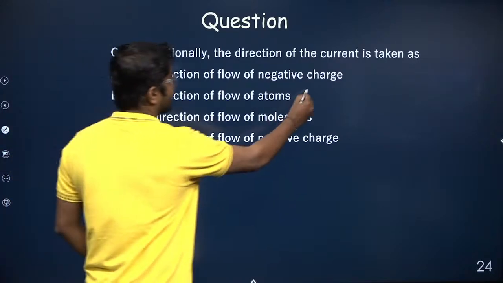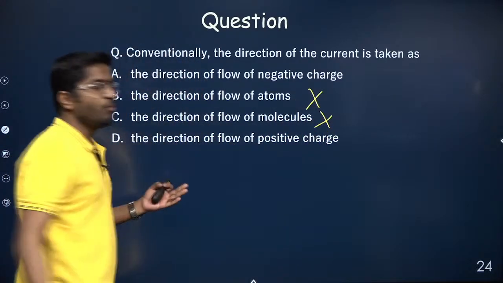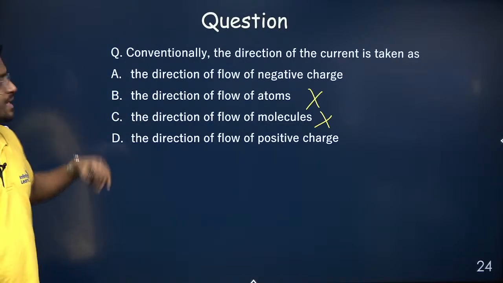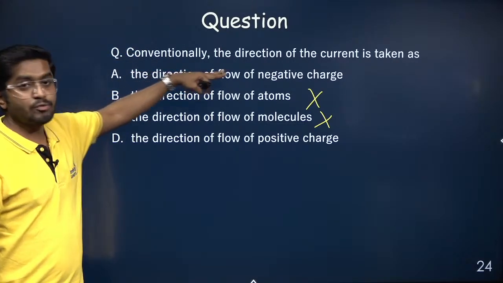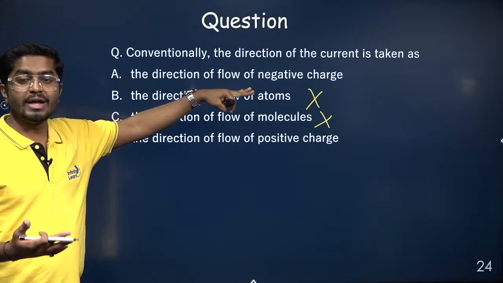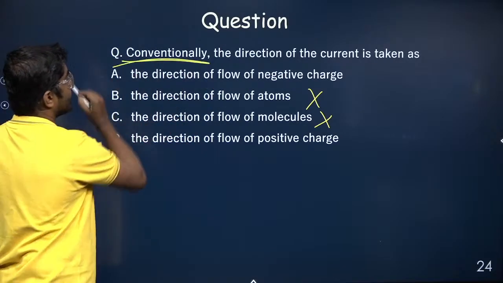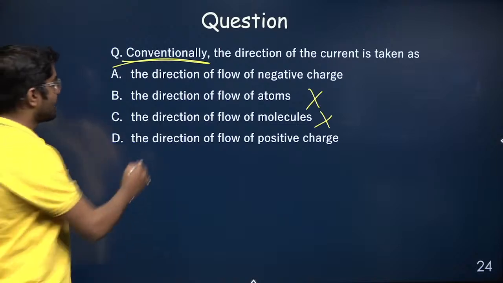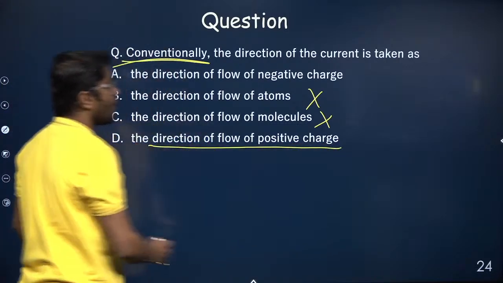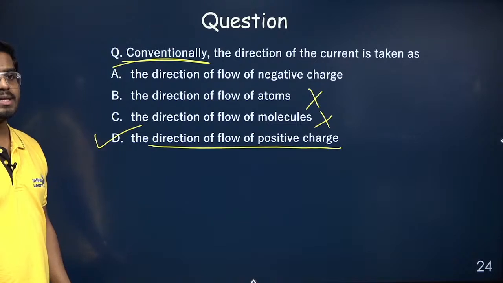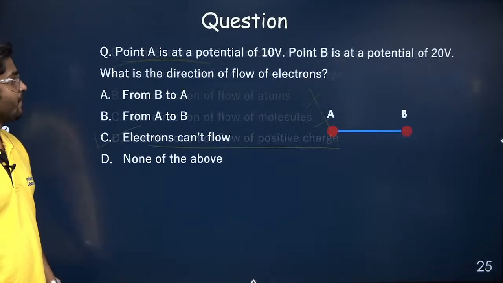Here atoms and molecules do not move, so there is no question of direction of flow of atoms or molecules. Negative charges would be electrons, but we know electrons flow in the opposite direction. So conventionally, they have chosen it to be the direction of flow of positive charges. Correct? Yes, Shaina, correct. Awesome.